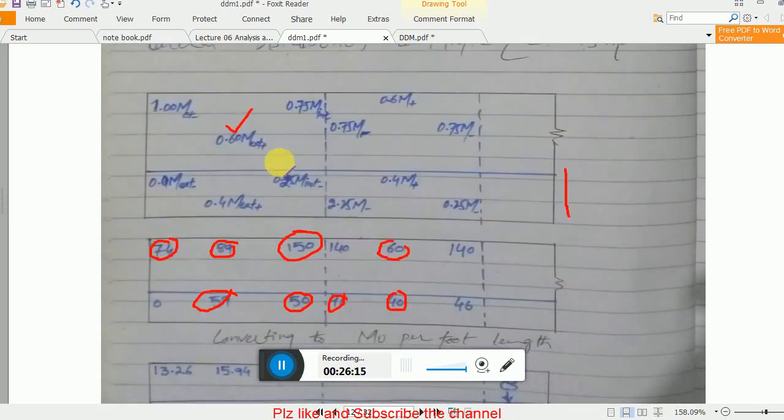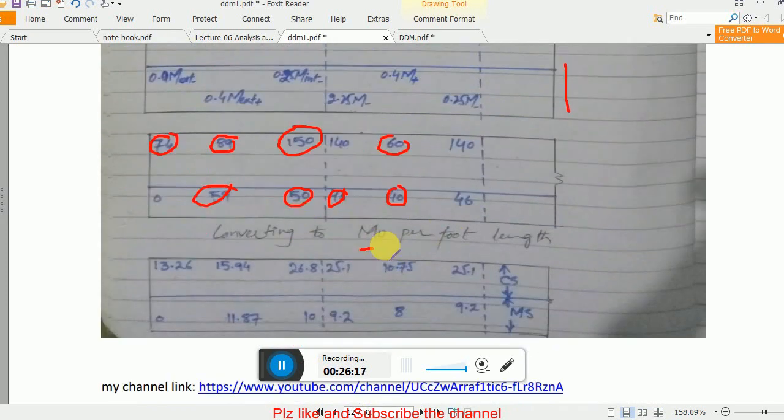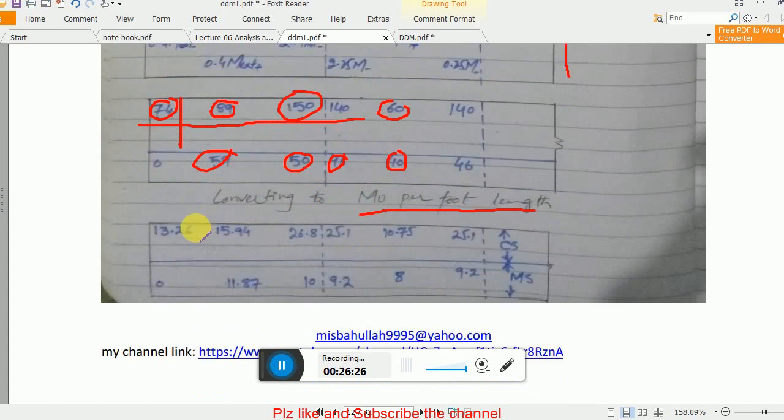Then you have to further divide those moments into moment per foot length. Remember, these are moments per strip in this direction, and now you have to convert them into the longitudinal direction. For that purpose you divide 74 by the column strip width, which is 5.58.